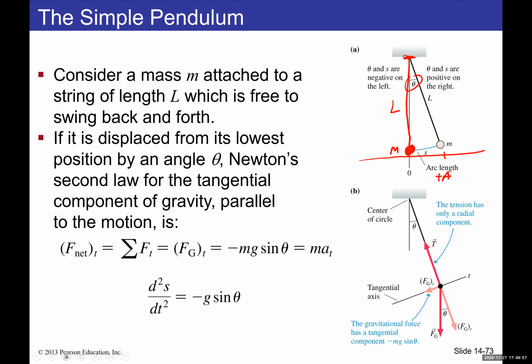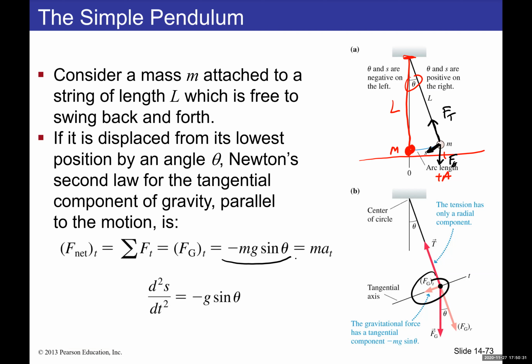The forces acting on the pendulum system at that instant are tension, which I'm going to call F of t, and the gravitational force. But the tension is always perpendicular to displacement, so we don't use that as a force making the system go back and forth, because what makes the system go back and forth is actually the gravitational force, mainly its tangential component, which equals negative mg sine theta.